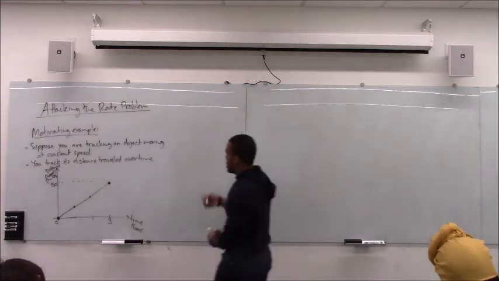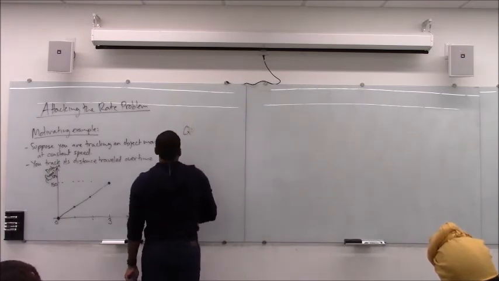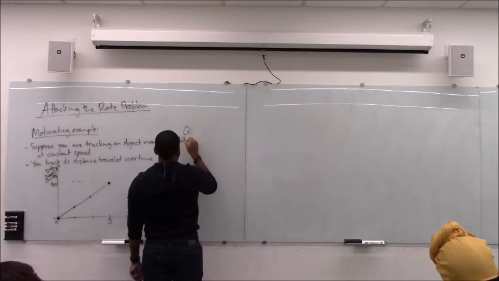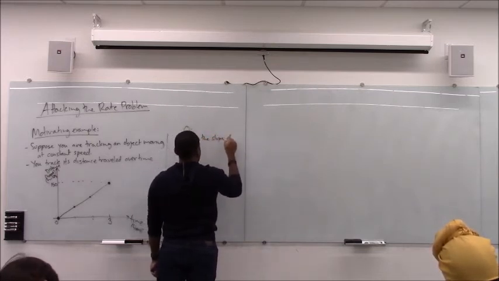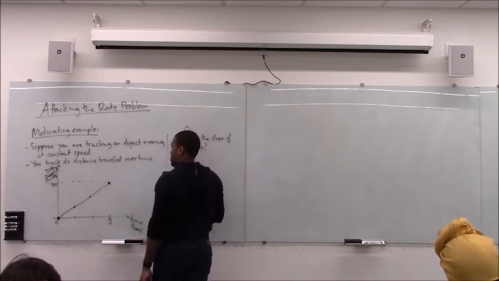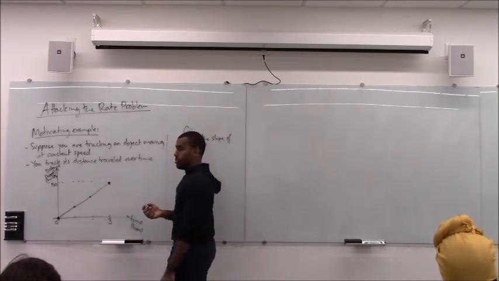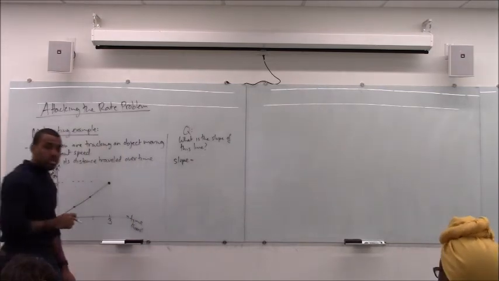So now, I'm going to ask a question that might seem like it's coming out of nowhere, but there's a point. Question. What is the slope of this line? Well, how do you find the slope of this? Yeah?